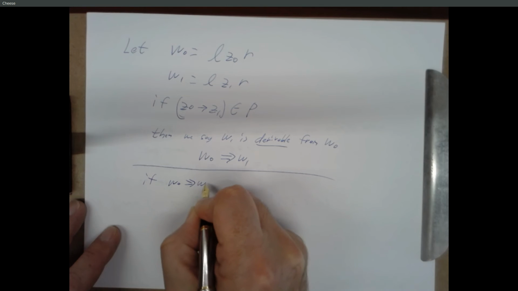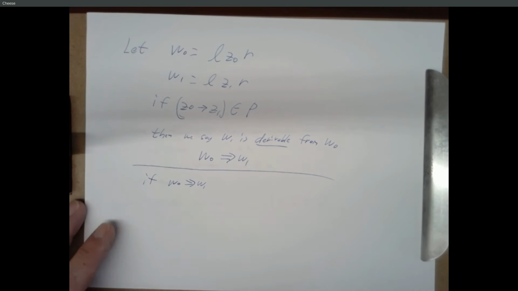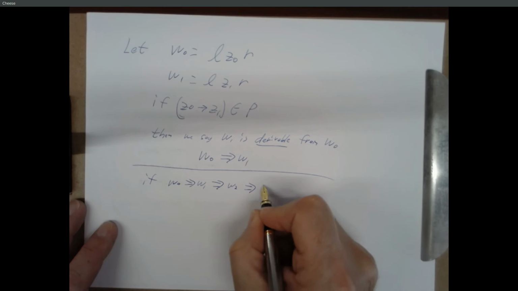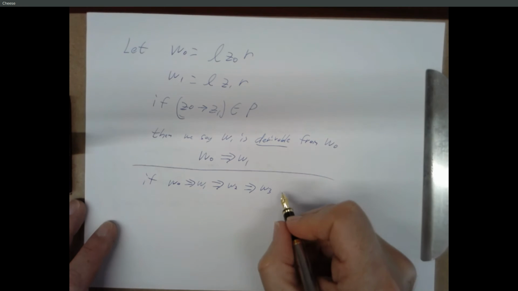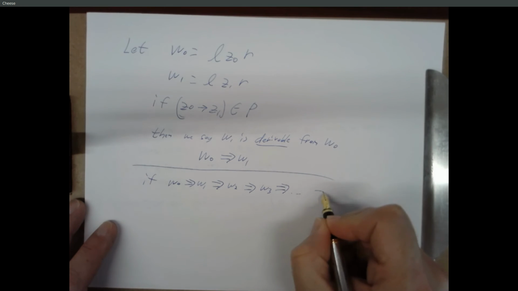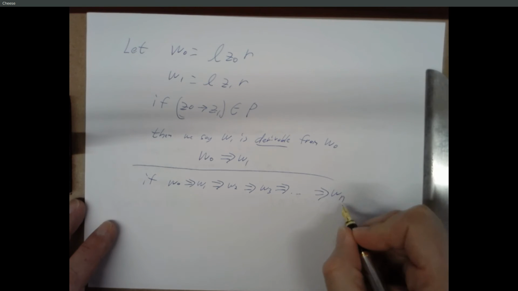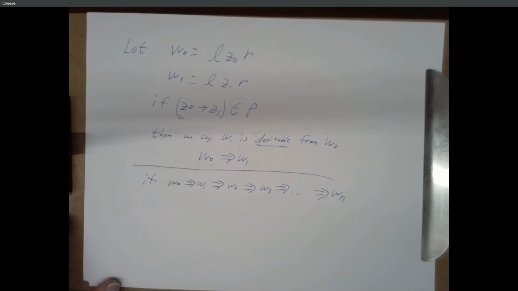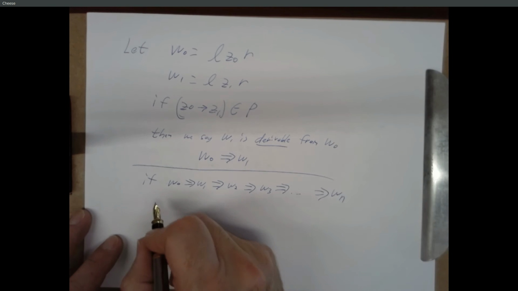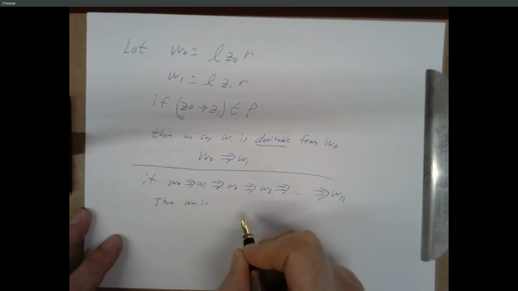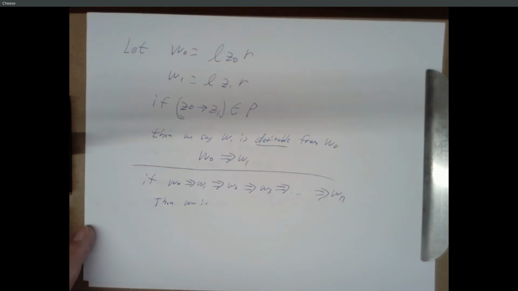All right, if W1 is derivable from W0, and W2 is derivable from W1, and W3 is derivable from W2, and eventually some, let's just call it Wn, then Wn is, so let me tweak this definition.